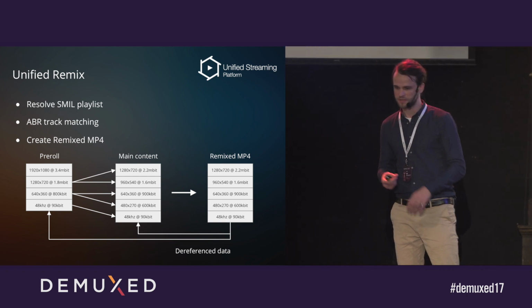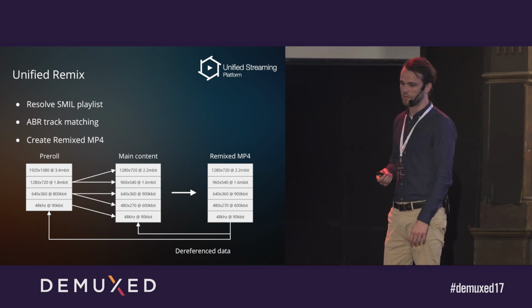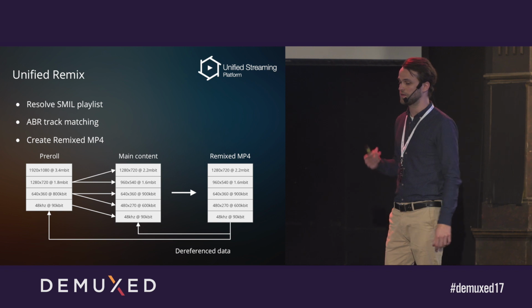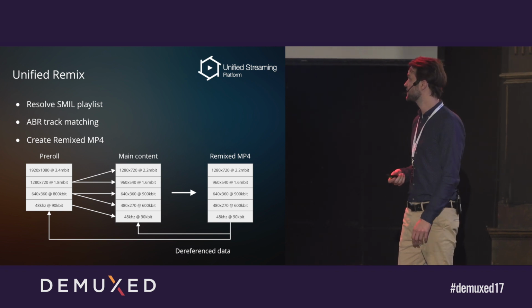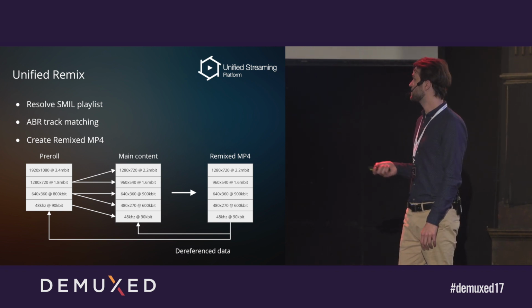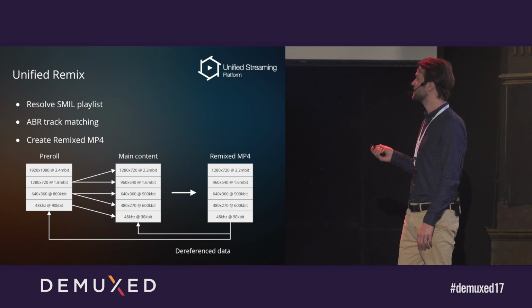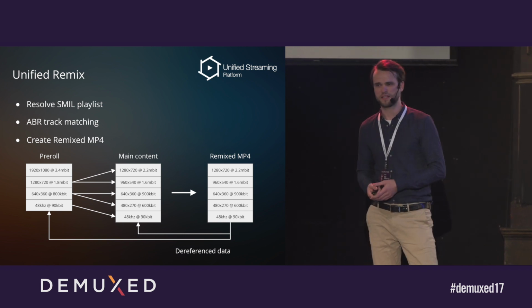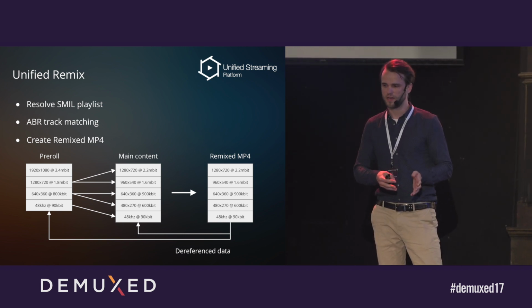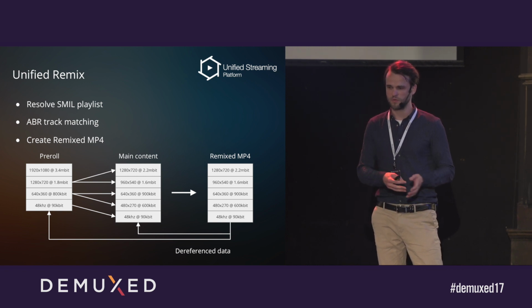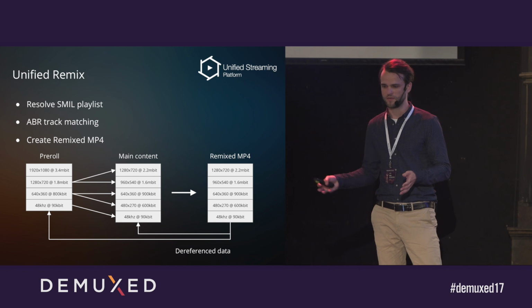So remix is where the real magic happens. This is where we resolve the SMIL playlist and we start doing track matching. And ABR track matching is not as simple as it looks because there are a lot of factors to take into account when you're concatenating different tracks together. How do you make sure that the quality will remain very stable throughout different pieces of content?